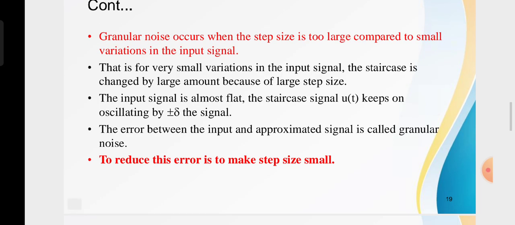For very small variation in the input signal, the staircase changes by a large amount because of the large step size. The input signal is almost flat, yet the staircase signal u of t keeps oscillating by plus or minus delta. This error between the input and approximated signal is called the granular noise. To reduce this granular noise, make the step size small.